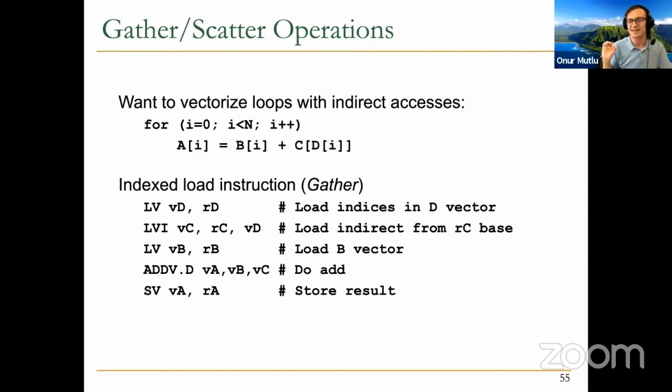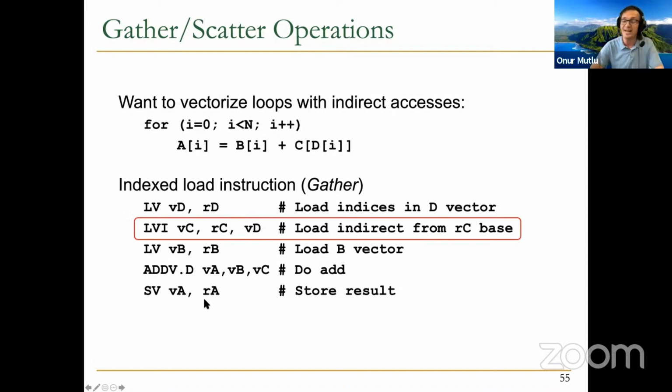That's the idea. And that could be irregular now, right? Because now you have an indirection. This D vector can specify any number to add to the base address. Then we load vector B, and that is easy. Then we do the add, and then we store the result. So the key difference is this load indirect using indirect indexing.